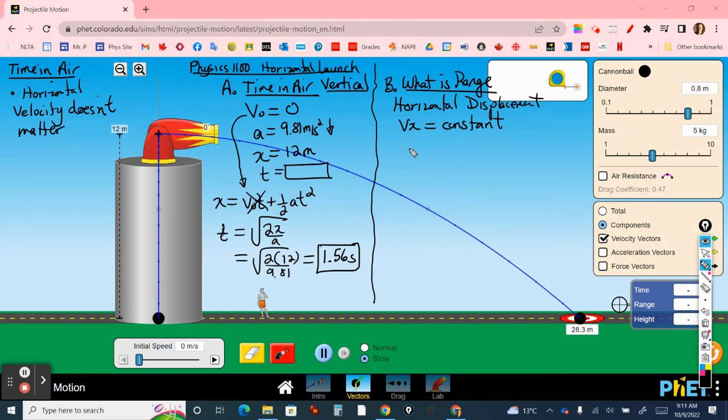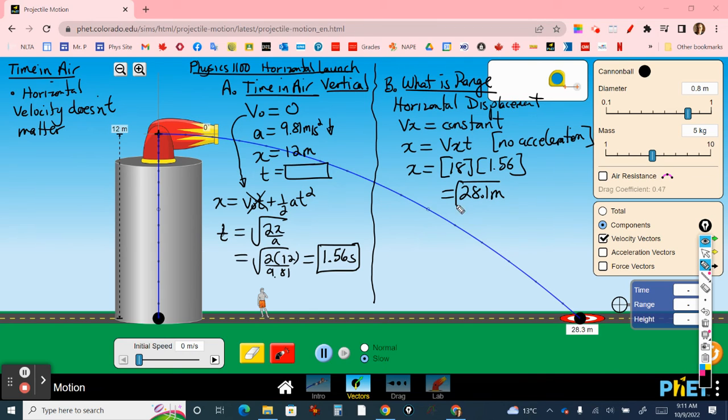There's no acceleration taking place in the horizontal direction. So all we need to do is use x = vxt. So the x here is going to be 18 times 1.56. And when we multiply that out, we get 28.1 meters.